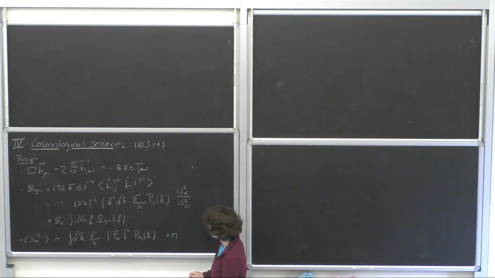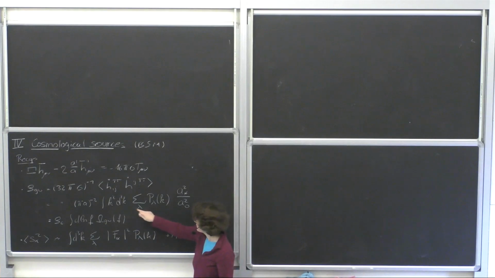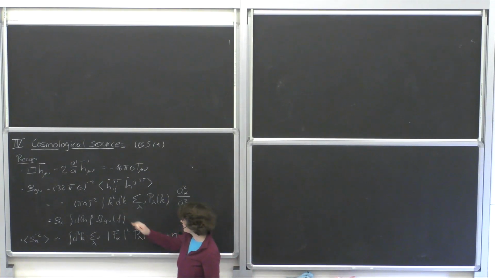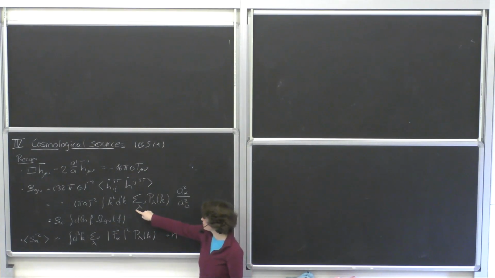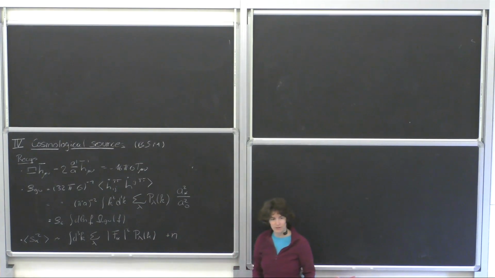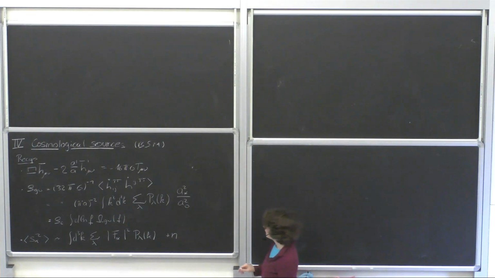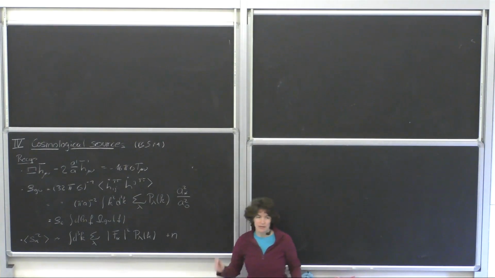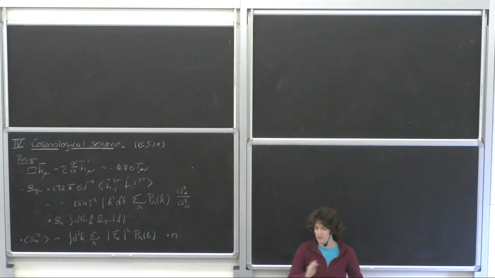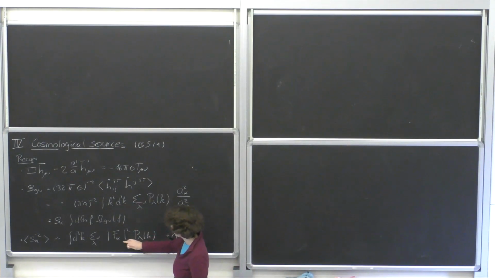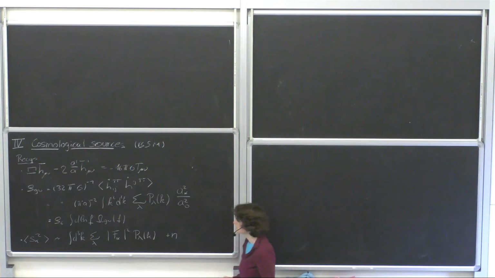It factorizes into an integral over k, and then we have the primordial component, which characterizes the power spectrum of the gravitational waves at the time of emission, and then the transfer function, which describes how this power spectrum is redshifted throughout the universe. For convenience, often we basically take the integrand here and call it omega GW.